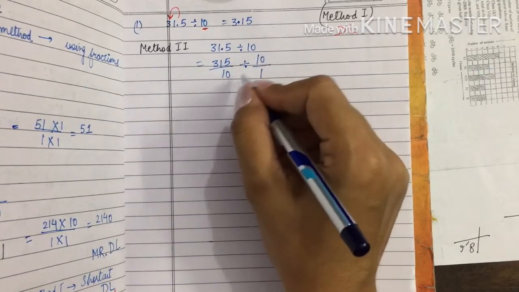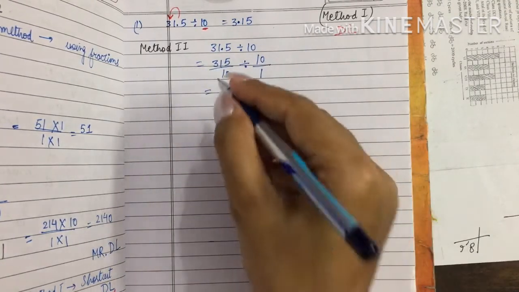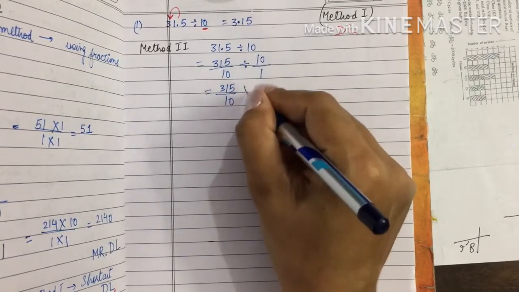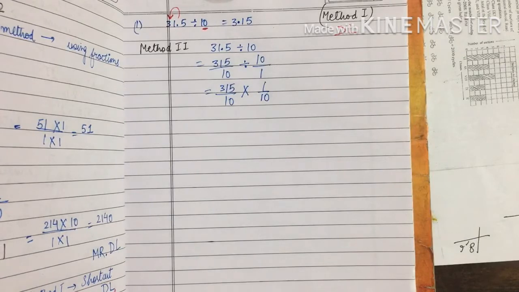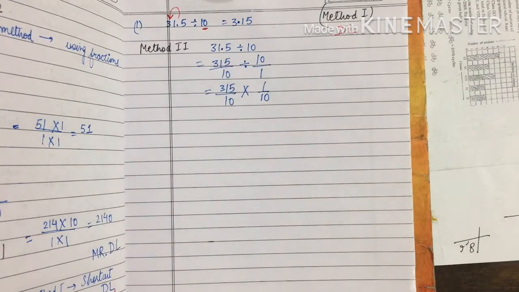Don't cancel here. You cannot cancel in division. Change to multiplication. Then we can cancel, if possible. First fraction, no change. Division changes to multiplication. 10 by 1 becomes 1 by 10. Now, as I told you, we never cancel 10. So 10 will not be cancelled here.